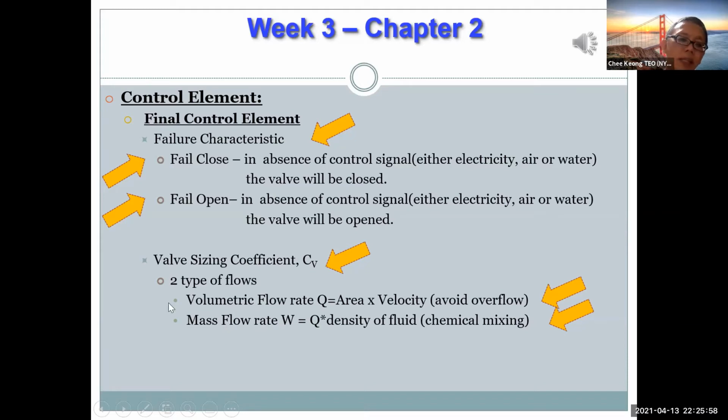Now, having said that, for these 2 types of flow, we still need to size the valve properly. Why? Because of the flow in, let's say, a water pipe: in the summer, the water will be in liquid form, so the pipe has no problem, it can flow. But in the winter, what happens to the water when it freezes to ice?